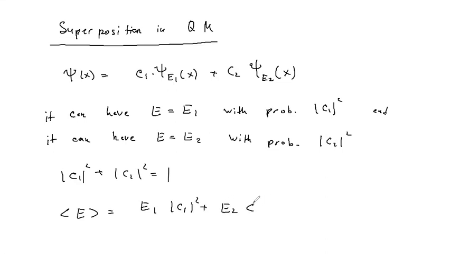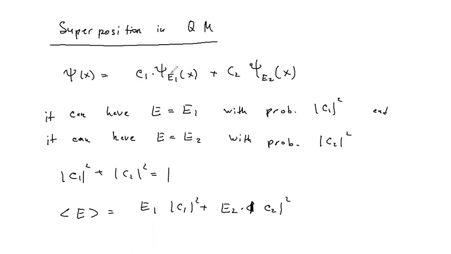But it is more important to think about superposition from a more general point of view. Your particle, your state, does not have a certain energy. Or it has energy E1 and energy E2 at the same time. This is a mixture of two states.